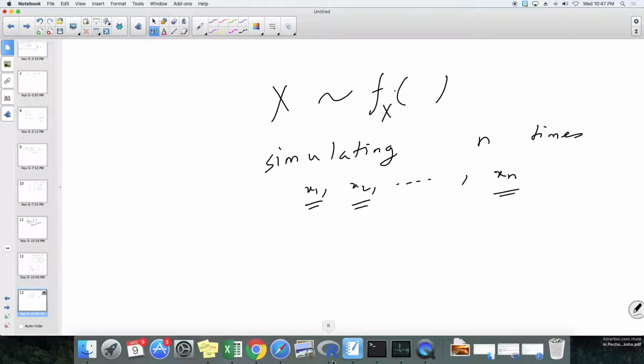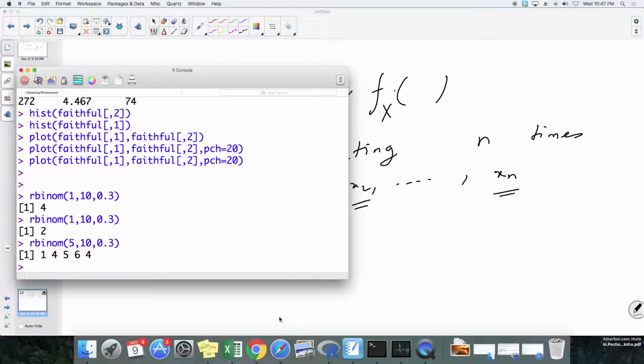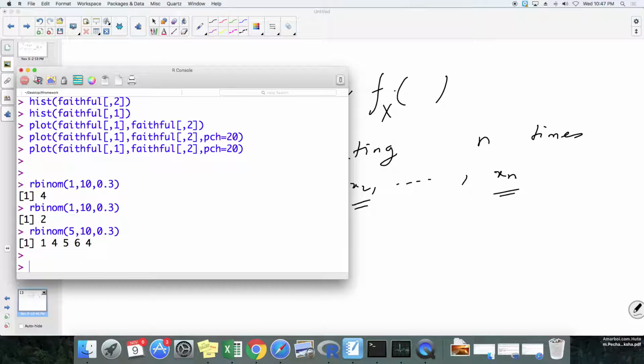Before I press enter, I don't know what values are going to come. The 5 values that I'll get just after pressing enter are random to me.